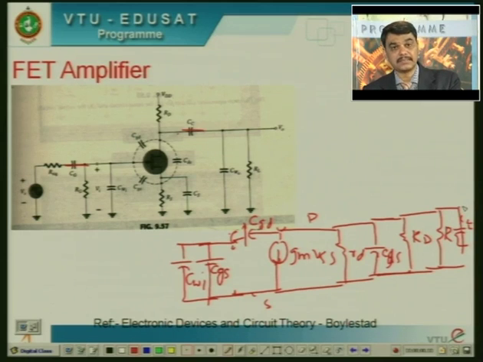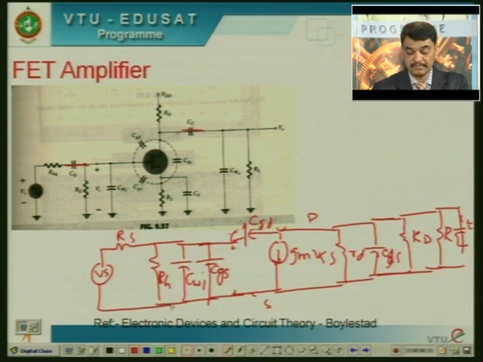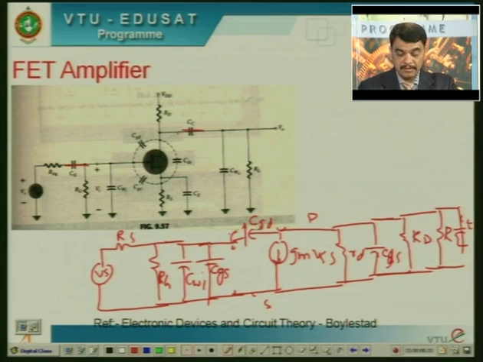Output is to be taken across that point. Similarly, RG is between gate and source, and then there is a resistance RS, and then the voltage Vs is applied. This is the equivalent model of a transistor FET amplifier at high frequencies. If you observe, the voltage across this resistance RG is nothing but VGS, and this point is also VGS.